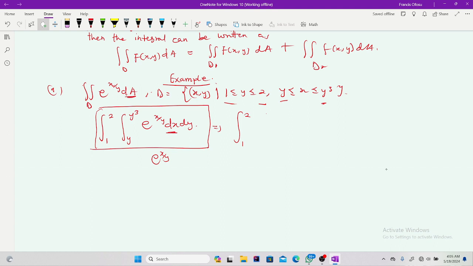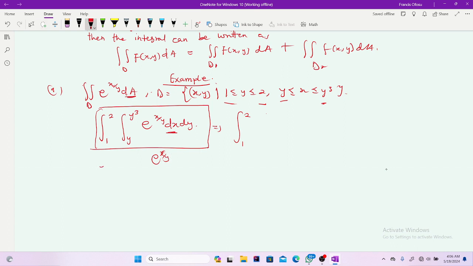Here, in the presence of x, we consider y to be a constant, because we are only integrating with respect to x. For exponential functions, you differentiate the power and then divide the whole expression by that derivative.